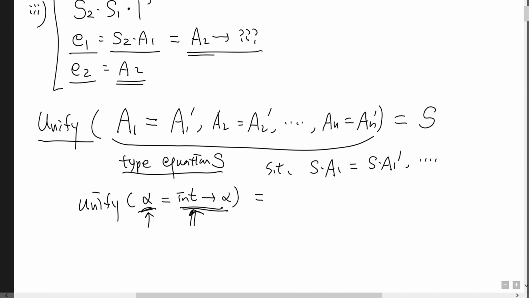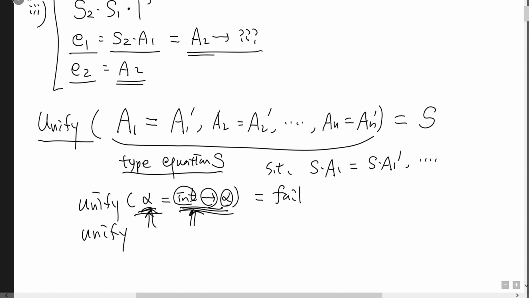It includes the left side, namely alpha, and in addition it has int arrow alpha. No matter what type you assign to this type variable alpha, there is no way to unify the two sides. So this algorithm fails.